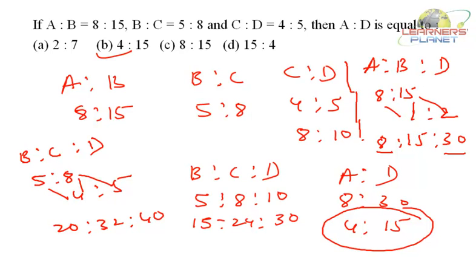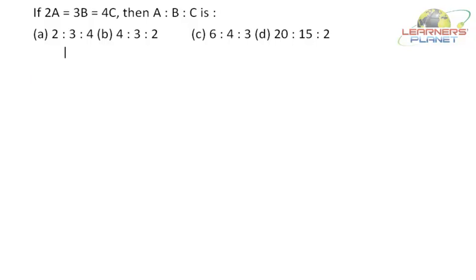Now let's do this problem. If 2a is equal to 3b is equal to 4c, then find a is to b is to c. Okay, now what is the LCM of 2, 3 and 4? That is actually 12. So let's divide each term by 12.